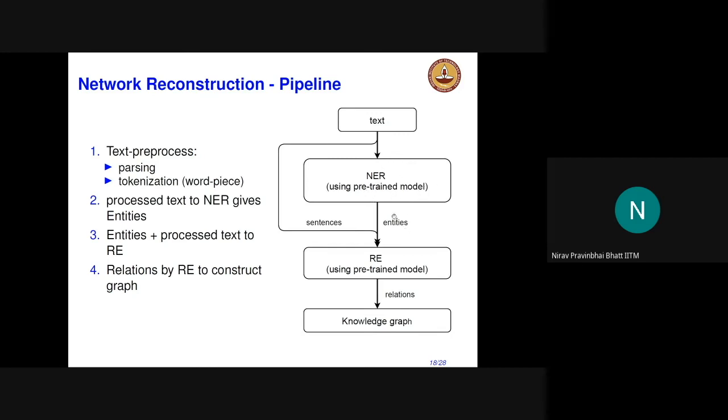Using that, we build an NER model which, given a sentence, can find the named entities in that sentence. Once we have the named entities, we have built another model which extracts the relationships from the given text and the entities.